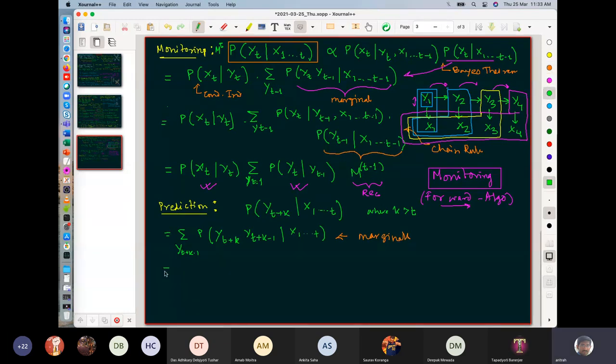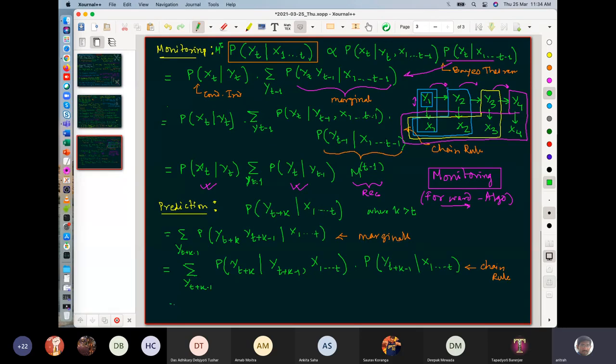Then we apply the chain rule: summation over y_{t+k-1}, probability of y_{t+k} given y_{t+k-1} and the other things, times probability of y_{t+k-1} given x_1 up to t. This is nothing but the application of the chain rule.